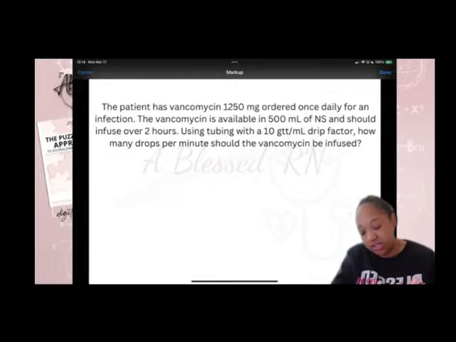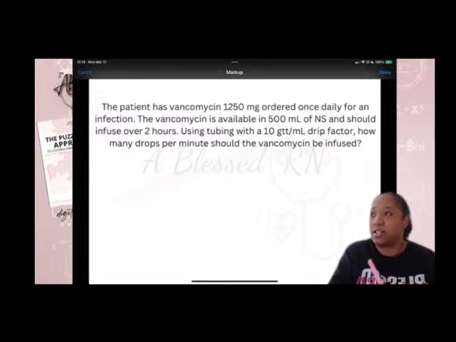So, the patient has vancomycin, 1,250 mg ordered once daily for an infection. It's available as 500 milliliters of normal saline and should infuse over 2 hours. Using tubing with a 10 drops per milliliter drop factor, how many drops per minute should the vancomycin be infused?